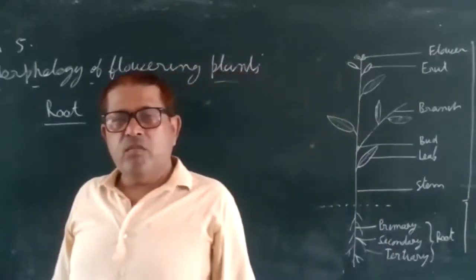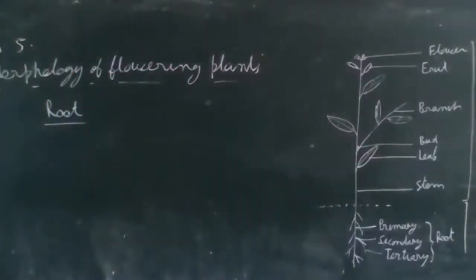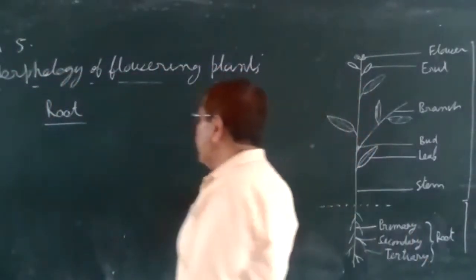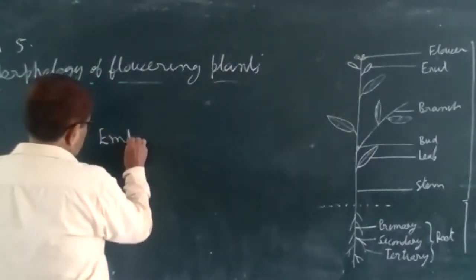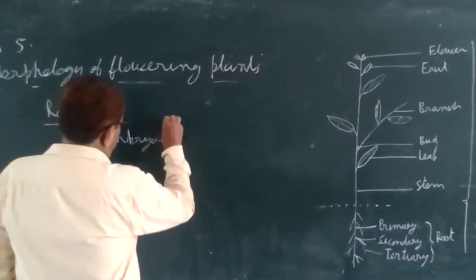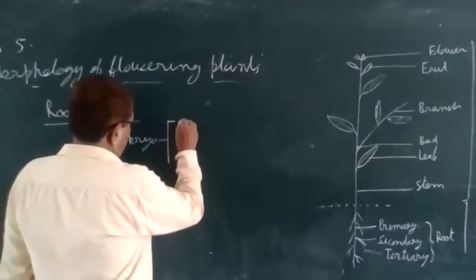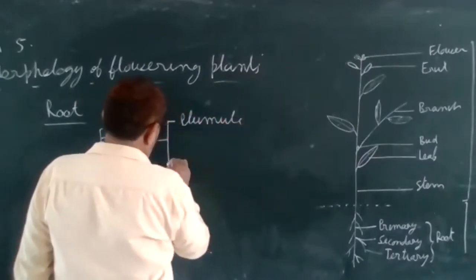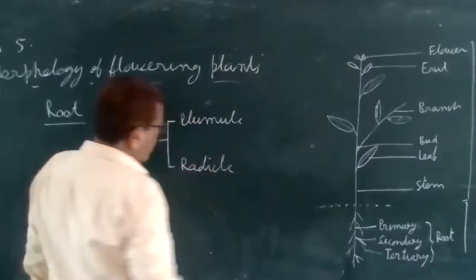Plumule makes the shoot system, while radicle develops. So the embryo has plumule and radicle. Two parts are there.